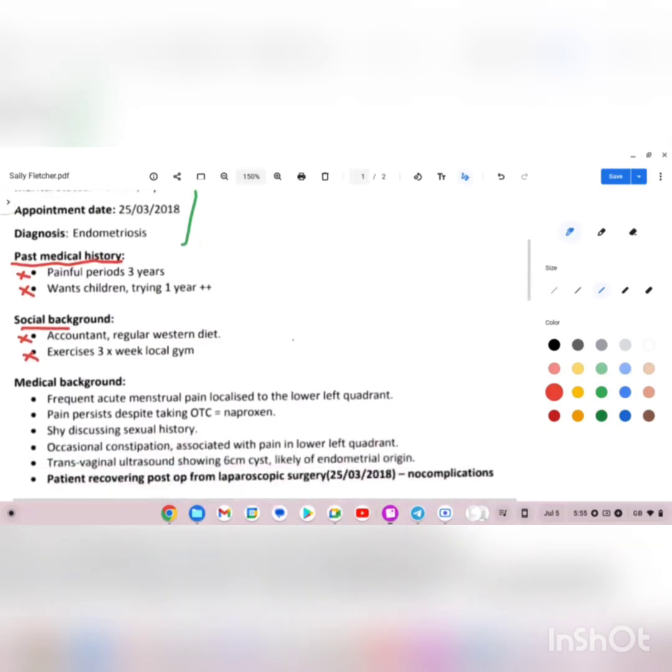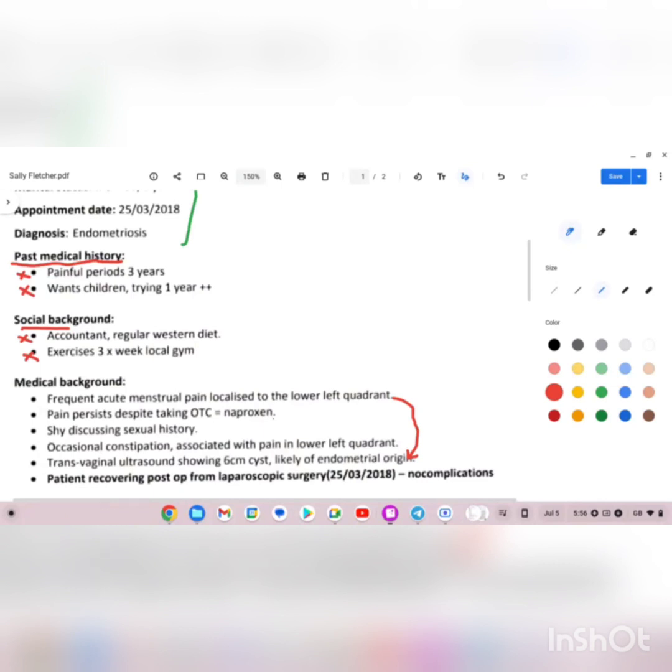Again, when it comes to the medical background: frequent acute menstrual pain localized to the lower left quadrant. This is kind of semi-relevant, because it is relevant to the current condition, the problem already mentioned, that is of endometrial origin. Then, pain persists despite taking OTC naproxen.